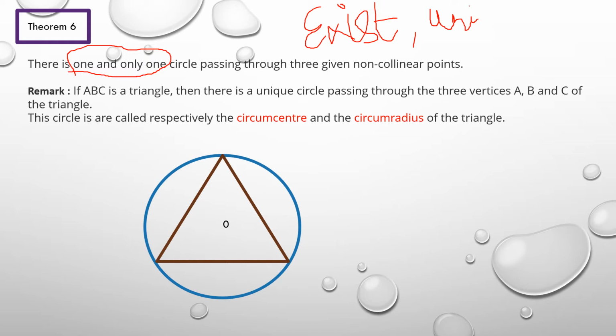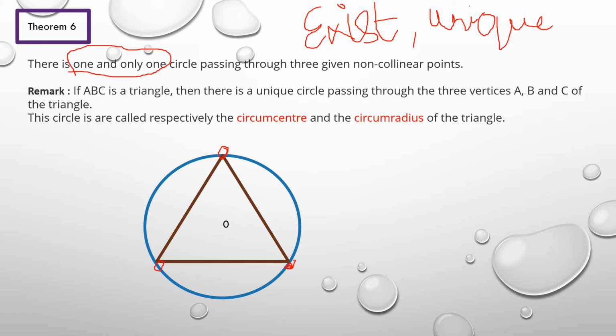So these words denote existence as well as uniqueness: there will be one circle, and it will be unique, passing through three non-collinear points. Suppose these are your three non-collinear points. And one more thing we can derive from this result: if ABC is a triangle, then there is a unique circle, which is automatically clear, passing through the three vertices A, B, and C.